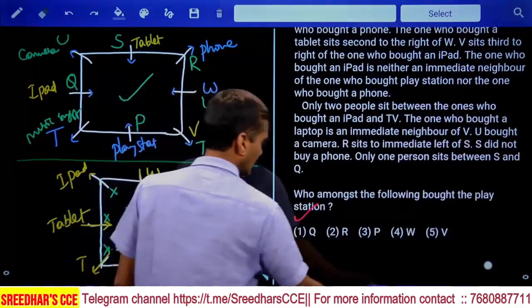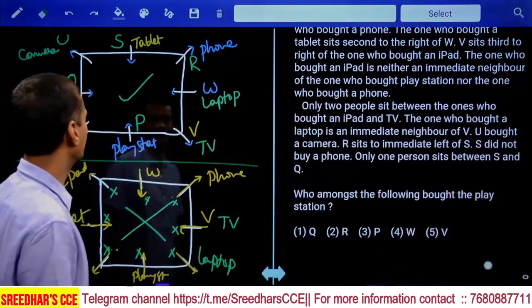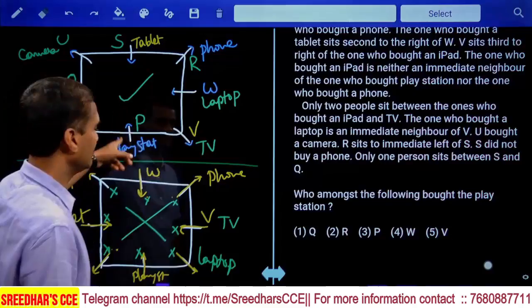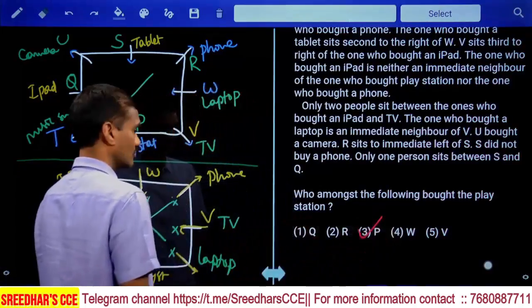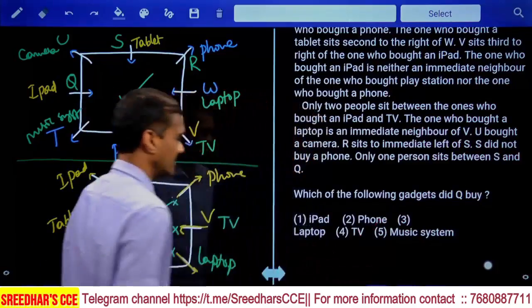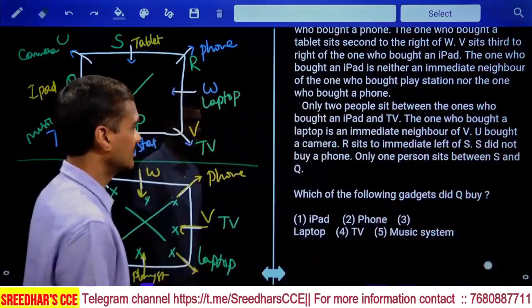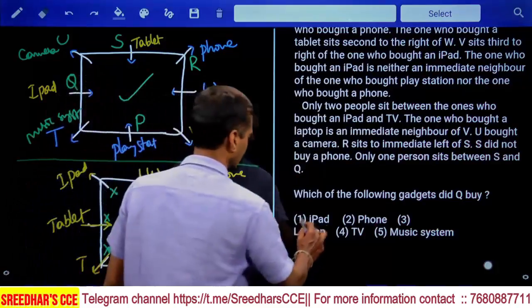Question number 5, who bought the PlayStation? P bought the PlayStation, choice 3. Question number 6, which of the following gadgets did Q buy? Q bought iPad, choice 1.